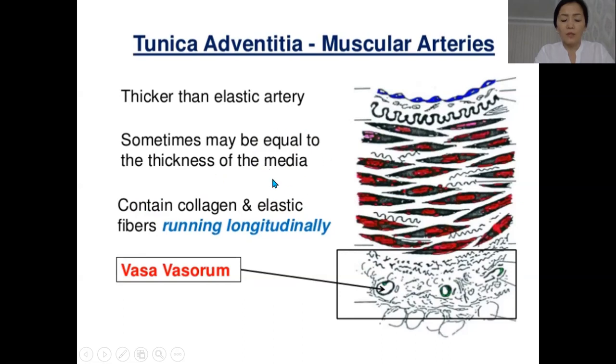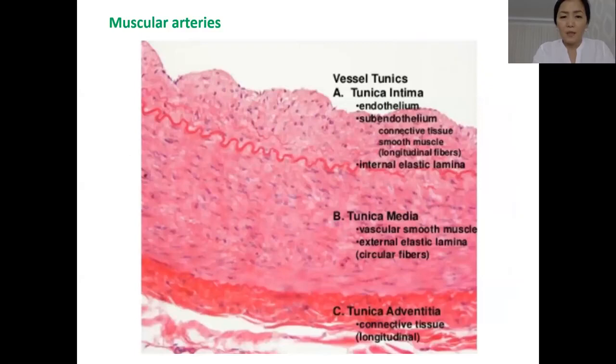Tunica adventitia sometimes may be equal to the thickness of the tunica media, or maybe thicker than tunica media. It depends on the diameter of the muscular artery, because we said that in our body the most abundant type of artery is muscular artery. This is a real slide.